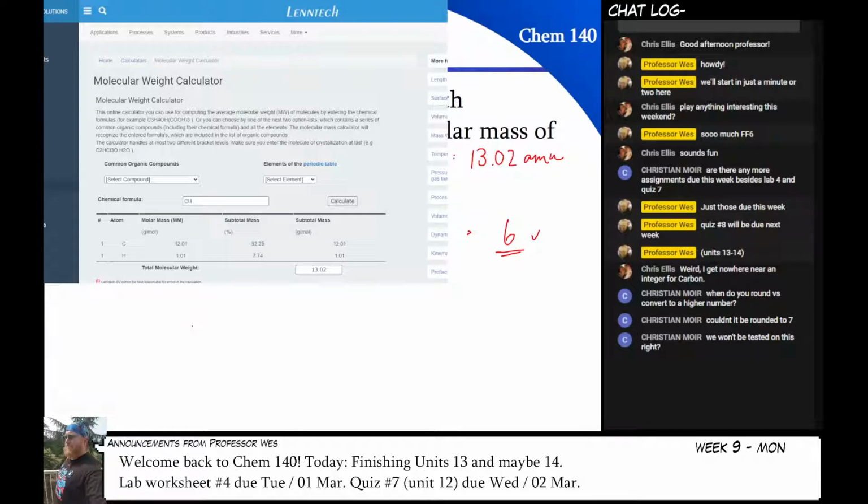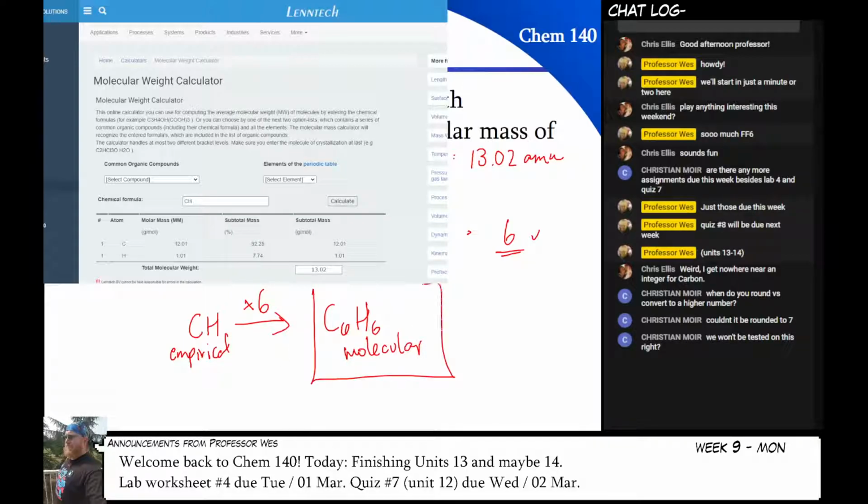So I take my formula and multiply it by the multiplier. If this is the empirical formula, this is the molecular formula. So what we analyzed was C6H6, or benzene.